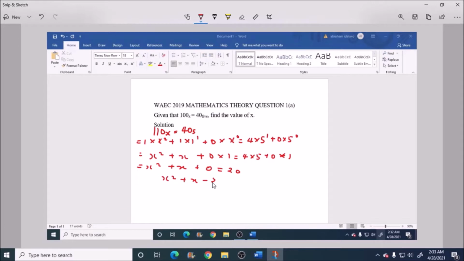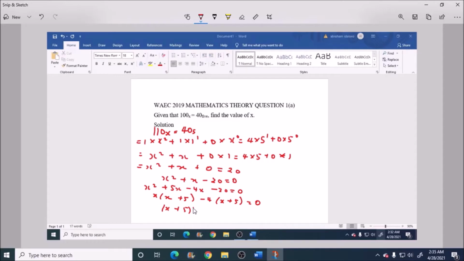So by factorizing, we have x into x plus 5 minus 4 into x plus 5 equals 0. So we have x plus 5, then x minus 4 is equal to 0.